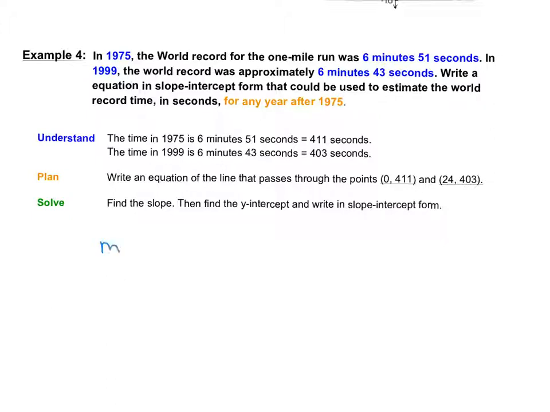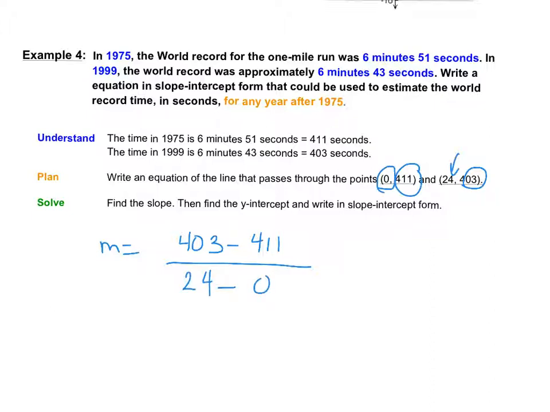From that, the slope is y2, which is 403, minus y1, which is 411, over x2, which is 24, minus x1, which is 0. When you do the math, 403 minus 411 is negative 8 over 24, which is equivalent to negative 1/3.